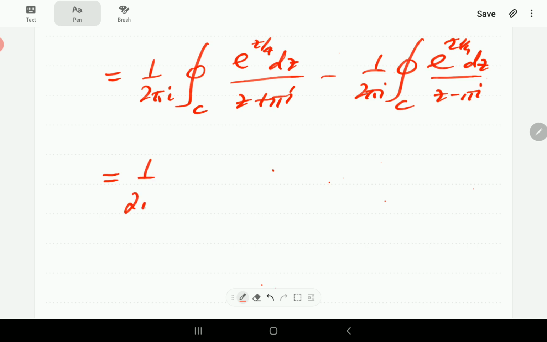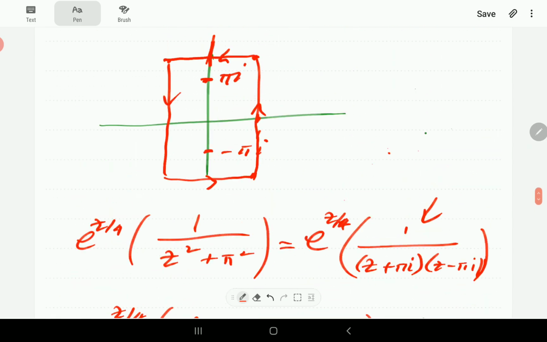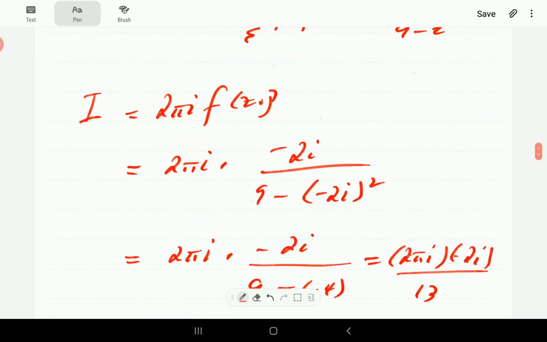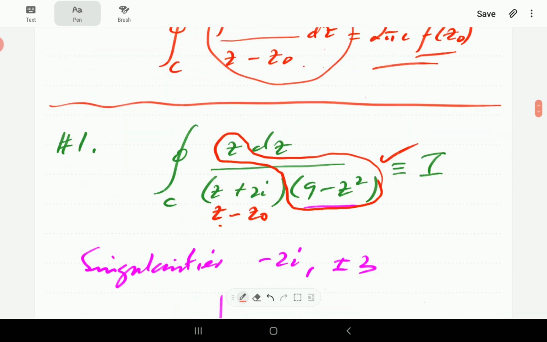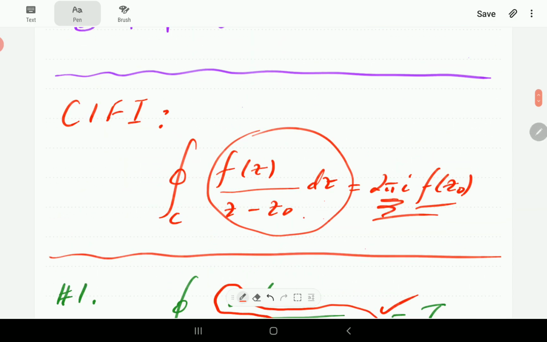So that means we're going to have 2 pi I times 2 pi I. This 2 pi I is coming from Cauchy's integral formula, because it has 2 pi I there.